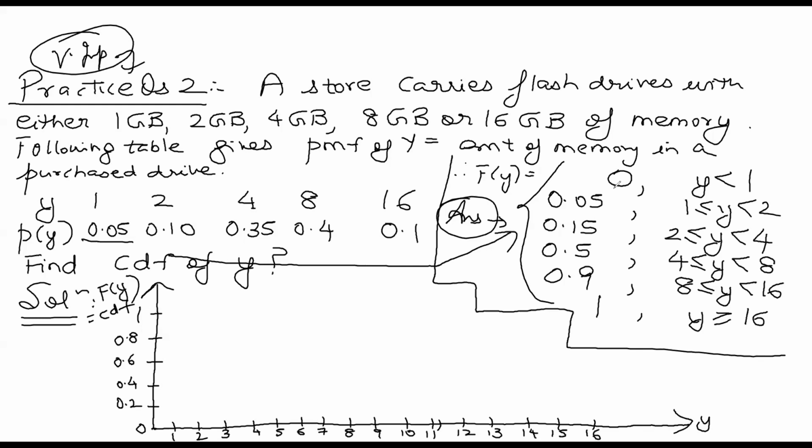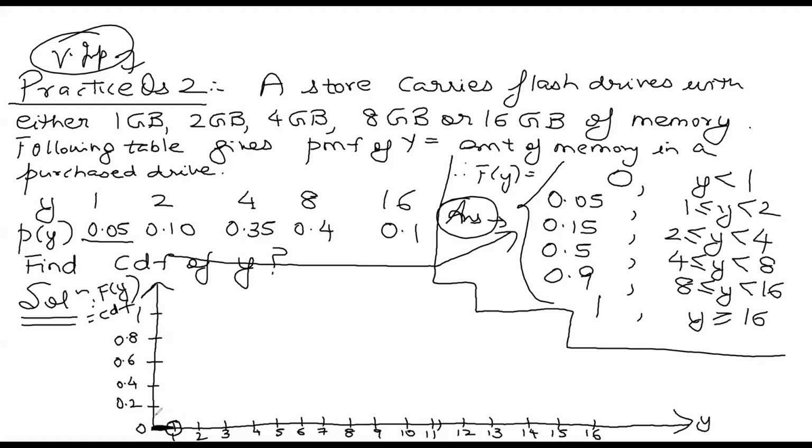For y, I am drawing an open circle here. Open circle means not included. 1 is not included. For y lying between 1 and 2, it is 0.05.